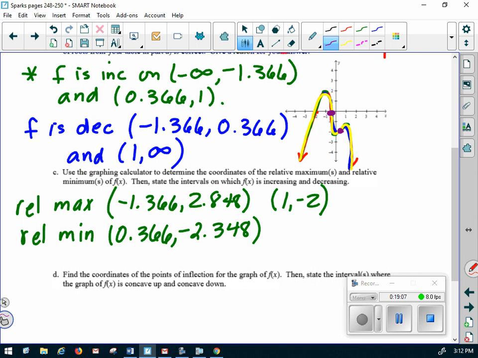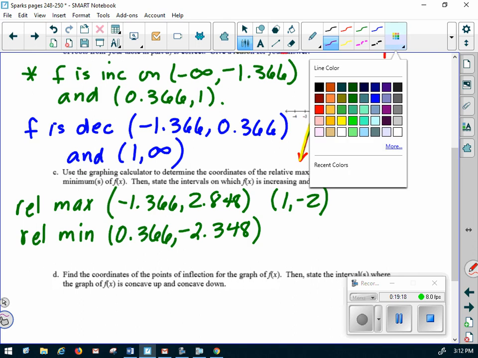Now remember, we can find a point of inflection by finding the midpoint between relative extrema. I need a different color.